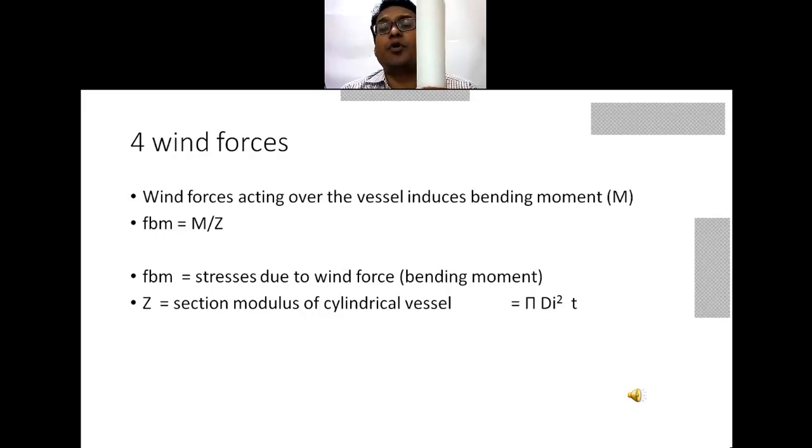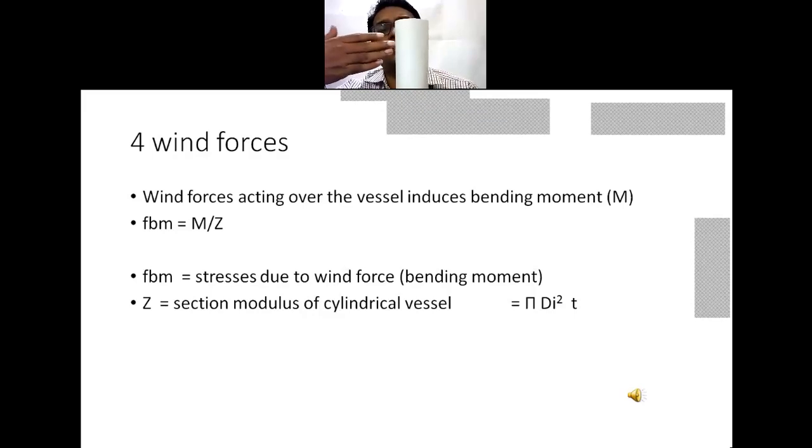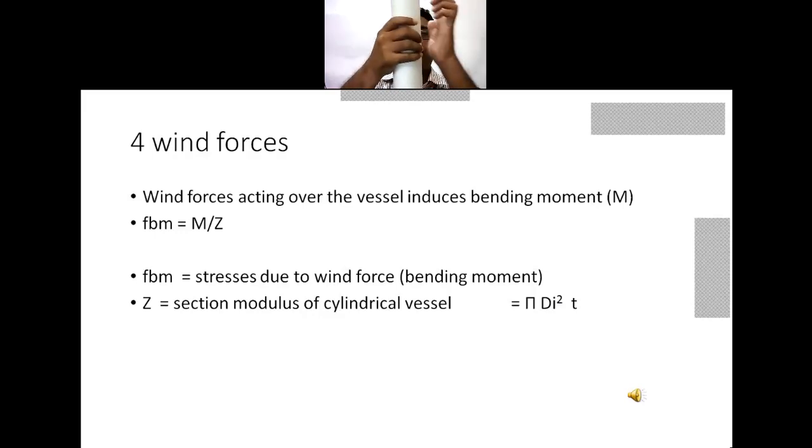This bending moment you have already studied in strength of materials. Whatever the applied force, it is going to create a bending moment, and for that you have already studied the bending moment diagram. The stress is M upon Z, where M is the bending moment and Z is the sectional modulus.